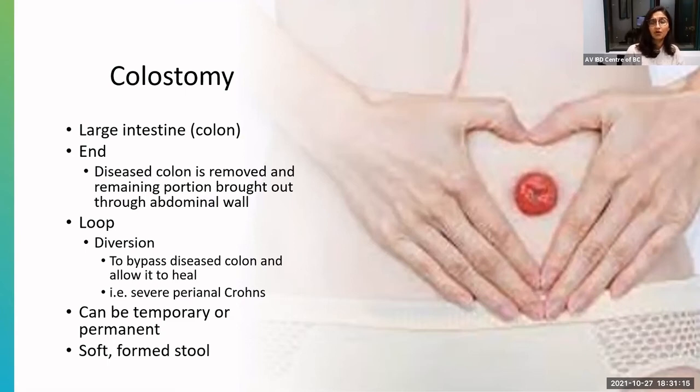And if we want a trial of the biologics without ongoing sepsis, we may end up doing a diverting loop colostomy, which can be temporary to allow the medication to work and the fistulas to potentially heal, or it can be a permanent end colostomy, such as after an abdominal perineal resection, where we remove the anus and rectum.